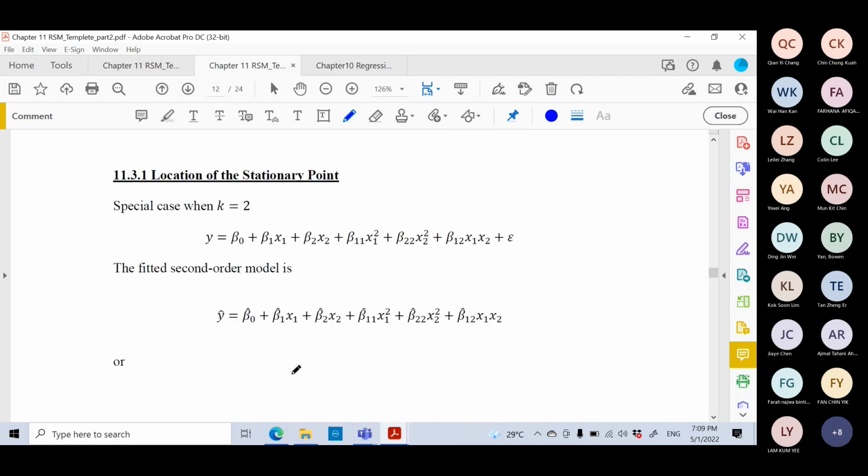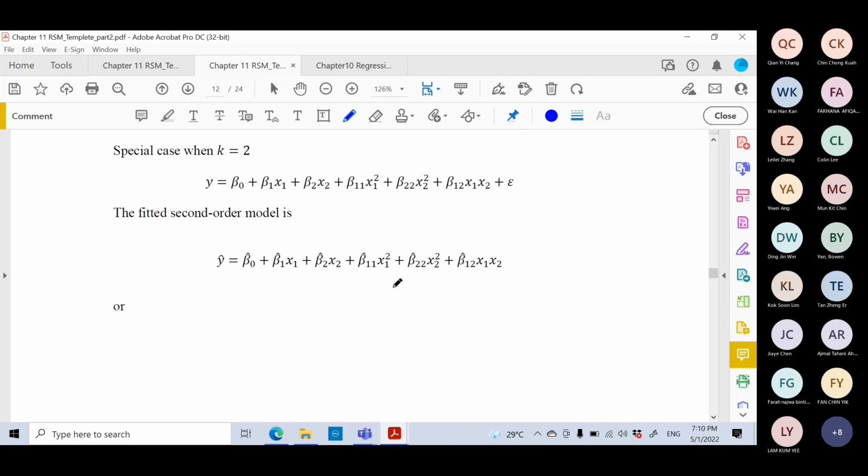I will write down the equation, or we can write it in the following form.